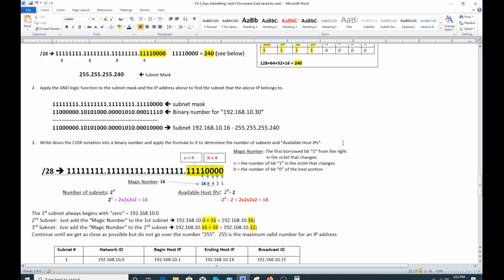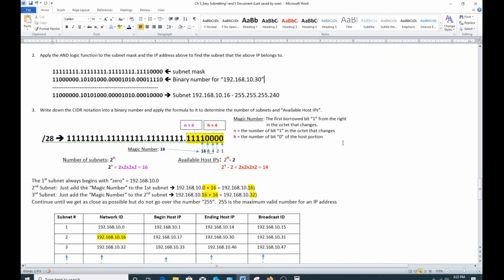Now the next thing, we need to find how many subnets this given IP address has, and also the available host IP addresses. Well, the formula for the number of subnets is 2 to the n, where n is the number of 1 bits in the octet that's changing.